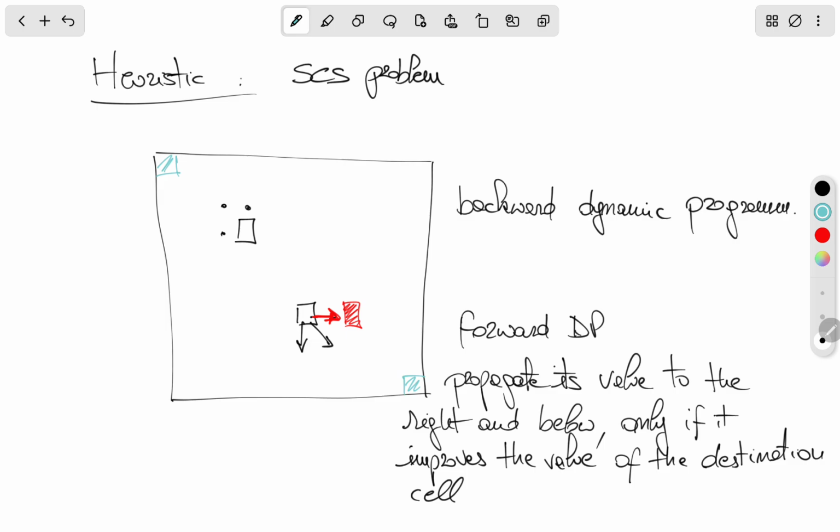Once with my Dijkstra I reach my destination, my lower right cell, the procedure stops. Put in another way, Dijkstra is designed to reach all other vertices of the graph, because it's single source, all destination.